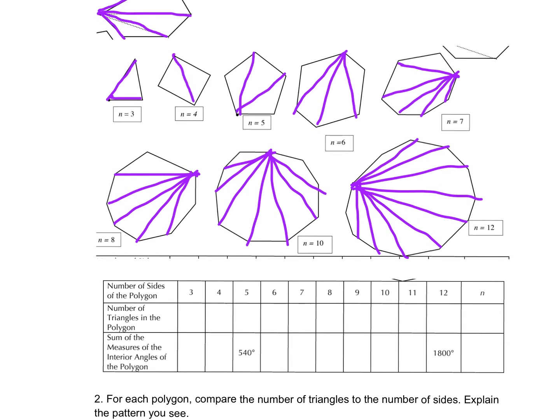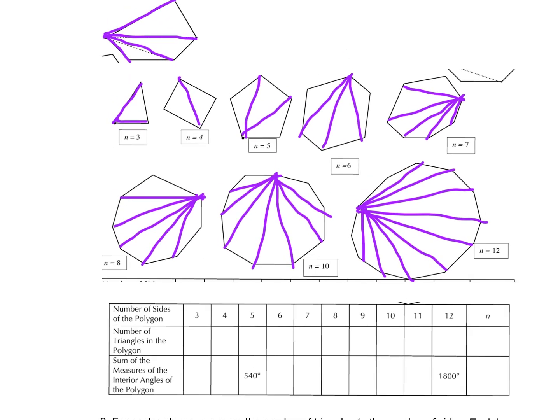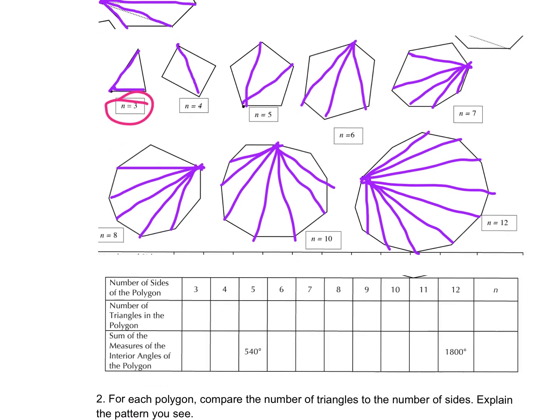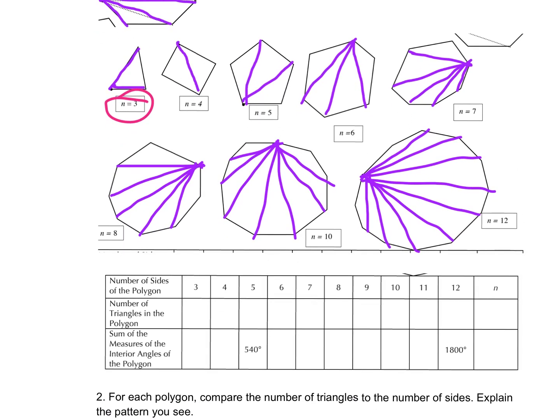Okay, now what I want you to notice is at the bottom, N stands for the number of sides, okay? So I want you to fill out this number of triangles. So if there's 3 sides, I see 1 triangle. If there's 4 sides, I see 2 triangles, okay? If there are 5 sides, I see 3.